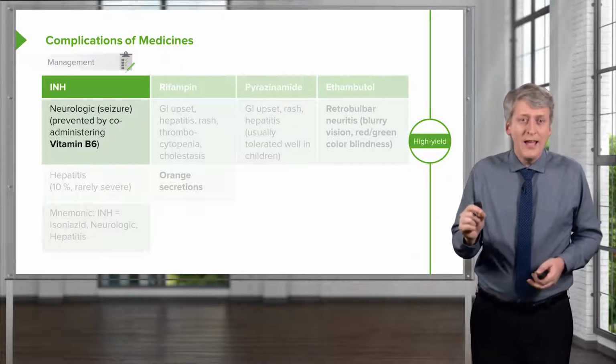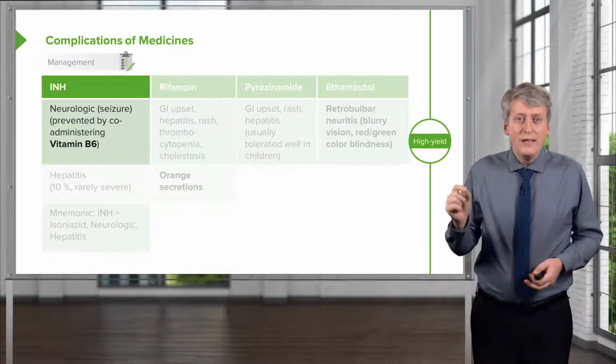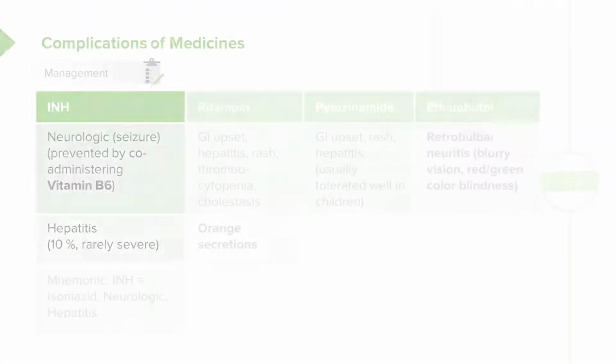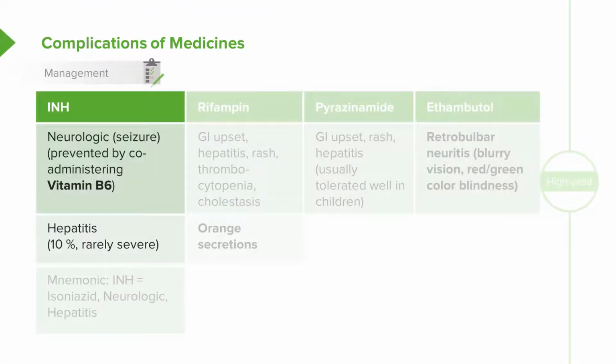Remember, isoniazid-induced seizure needs to be treated with an extra dose of vitamin B6. Roughly 10% of these patients will develop a hepatitis, and it can be rarely severe. The way you might remember these side effects of isoniazid is INH. Isoniazid causes neurologic and hepatitis.